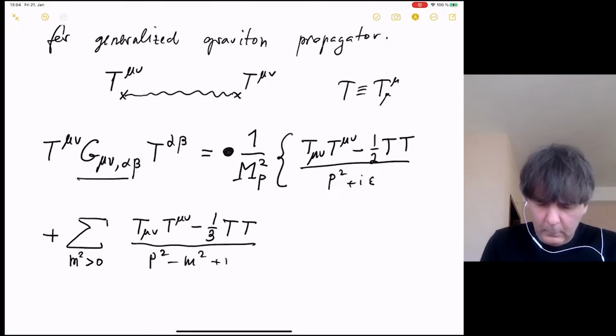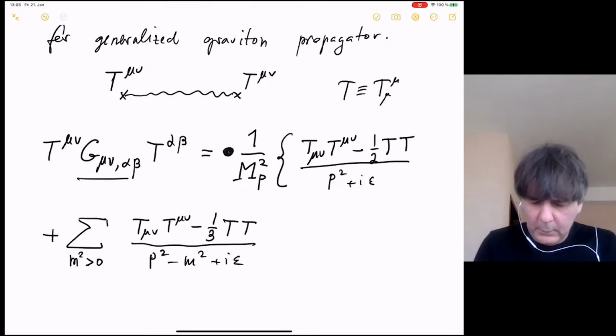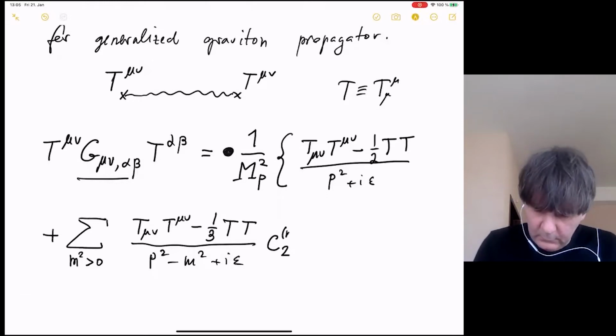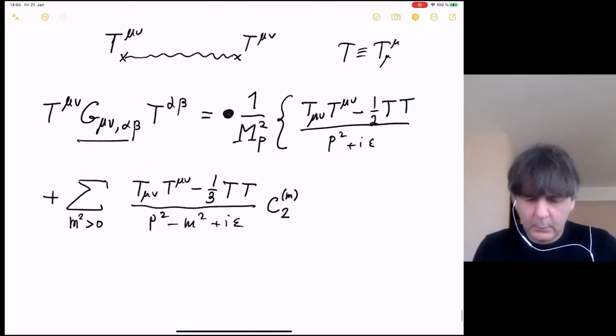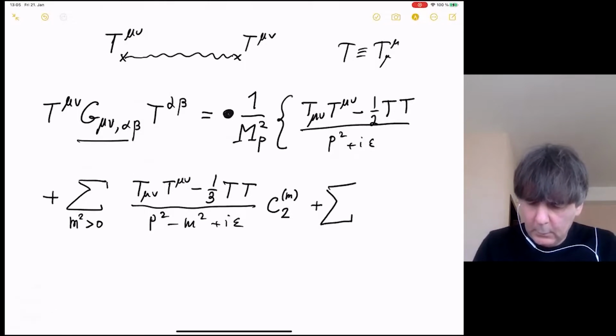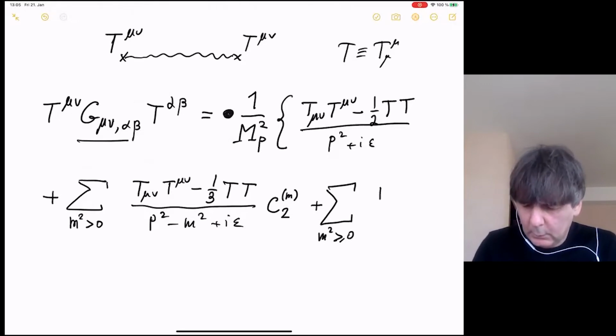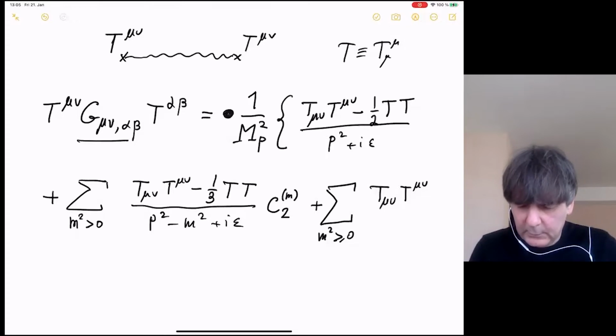Then they come with their own relative coefficients, which set the spectral density. Let me denote them C2 for spin 2 and massive. And then we have a sum over m squared larger than or equal to 0 of the scalar exchange between two energy momentum tensors, a scalar that couples with the trace.